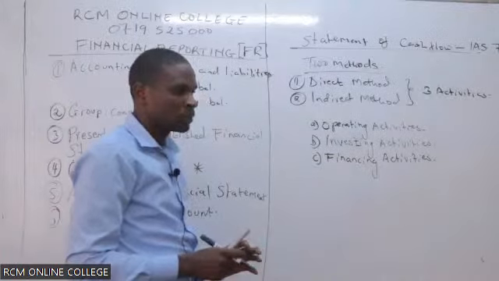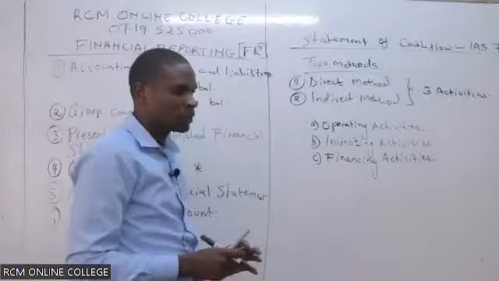So those three activities will be presented here, where we have these two methods. The method number one is the direct method, since we look at what has been received and what we have paid.